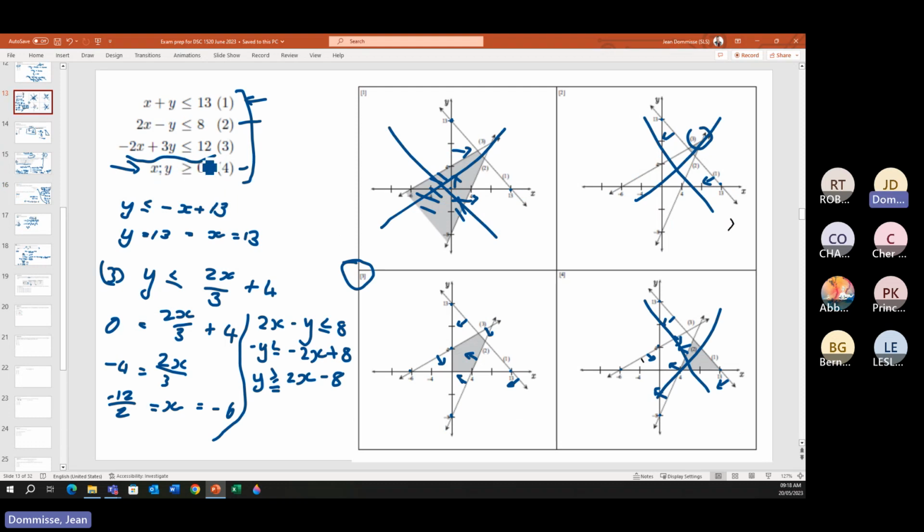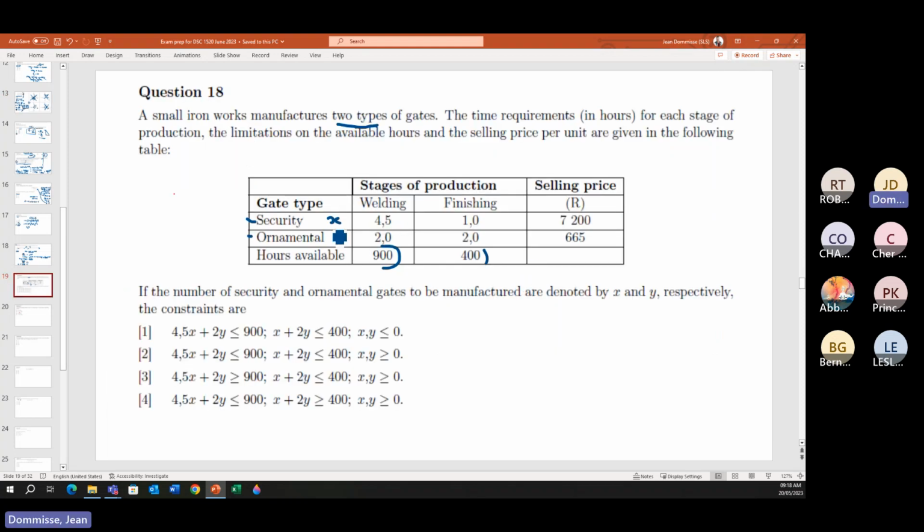So with all of these ones, they give us X and Y bigger than 0 because you're creating gates. You can't have a negative gate. You can't produce -1 gates. So all my values of X and Y must be bigger than 0.